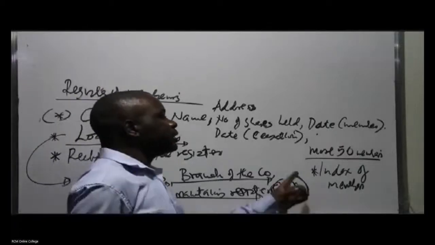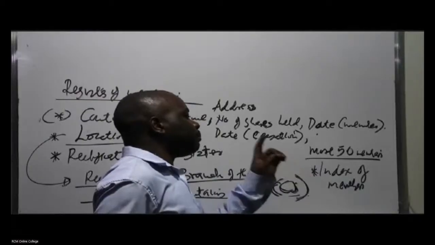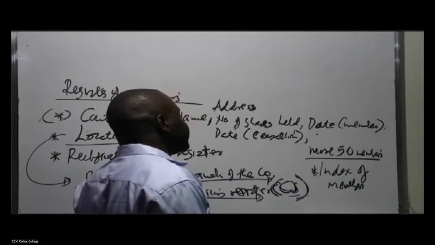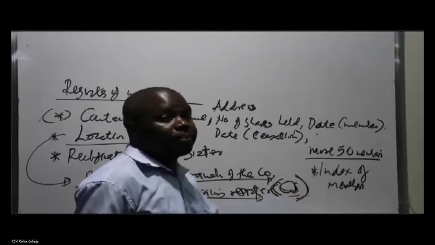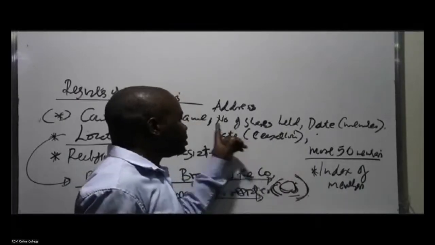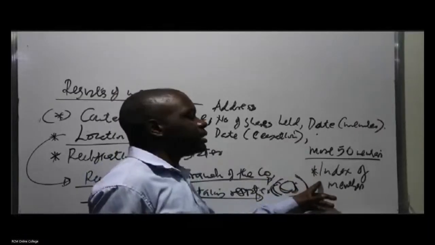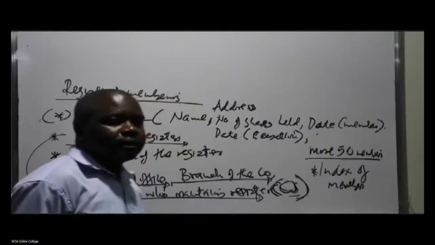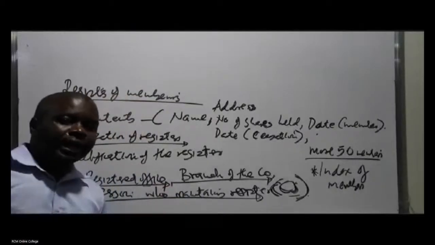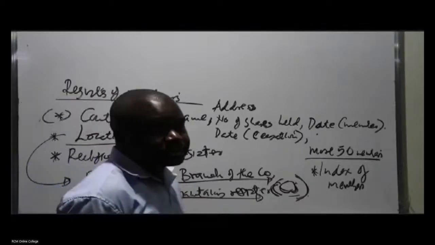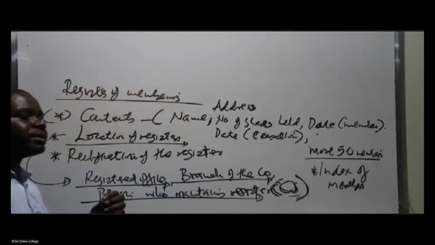So it is a requirement. If the members of the company are more than 50, then the company will be called upon to maintain the register in what we call an index of members, where the same particulars will be captured. Only that for each and every member, there will be a unique identifying card maintained for that specific member.